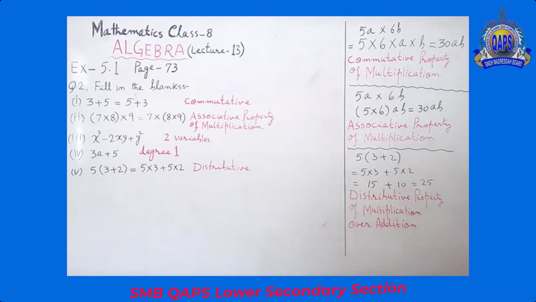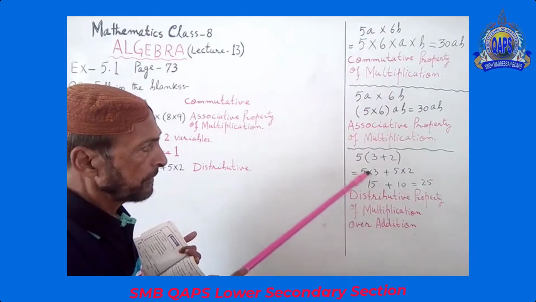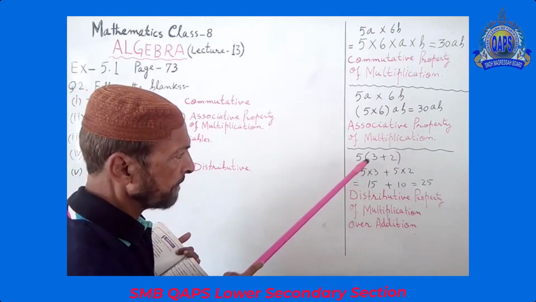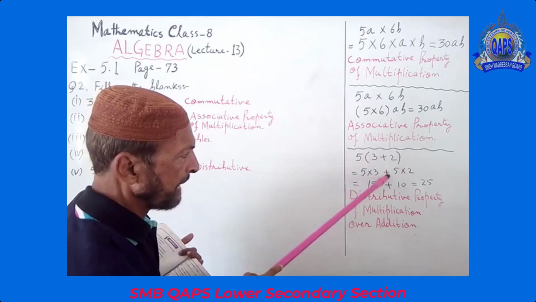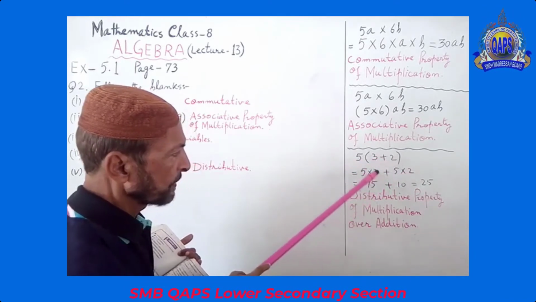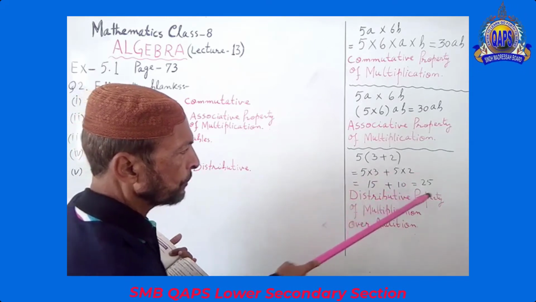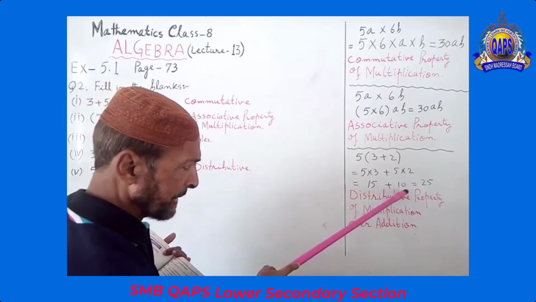The explanation is over here. You see, 5 into (3 plus 2). That means this is bracket. 5 multiplied by 3 plus 5 multiplied by 2. 5 into 3, 15 plus 5 into 2, 10.